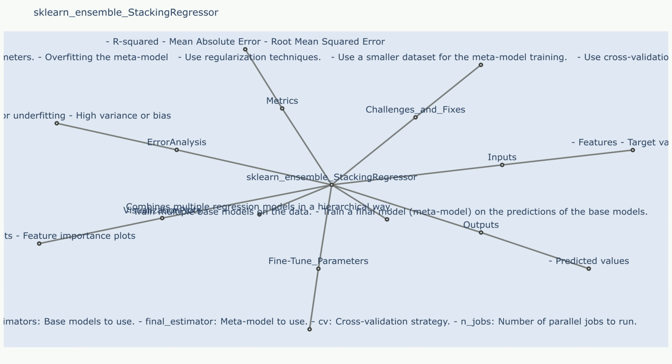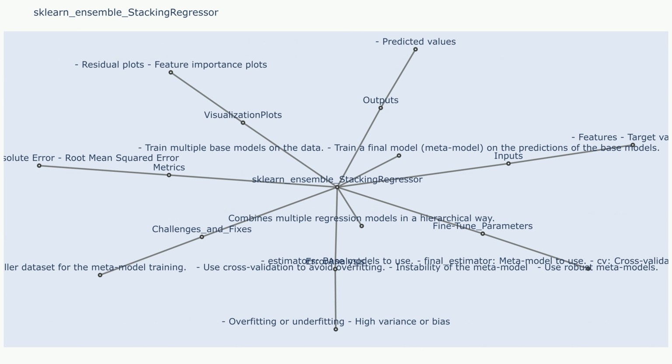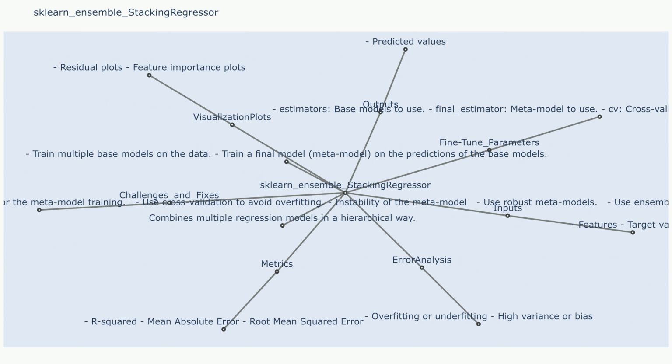Fixes to challenge 1. Use regularization techniques, e.g., L1 or L2 regularization, to reduce the complexity of the models. Use cross-validation to select the optimal model complexity and avoid overfitting. Employ early stopping to prevent the model from training for too long and overfitting the data.